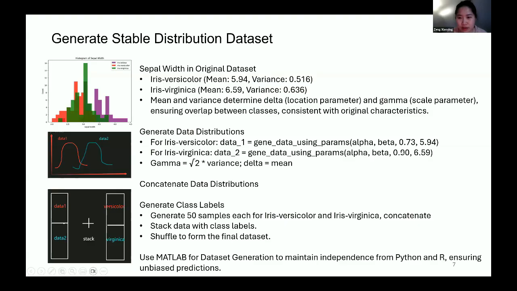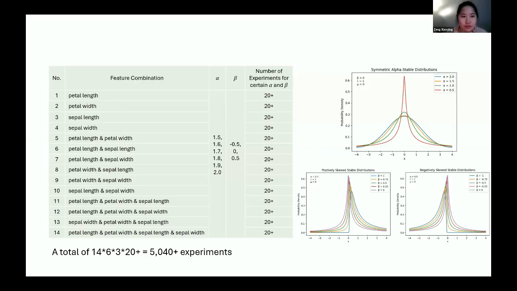We convert the gamma and delta, change the alpha and beta, calculate the data distribution, and then generate 15 samples for each one to build the dataset.